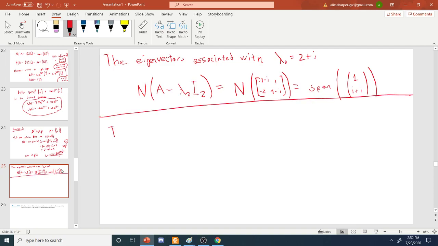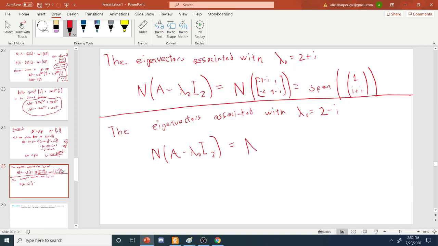Likewise, we can compute the eigenvectors associated with lambda naught is equal to 2 minus i. Well, in this case, we're looking at the null space of A minus lambda naught times I2.